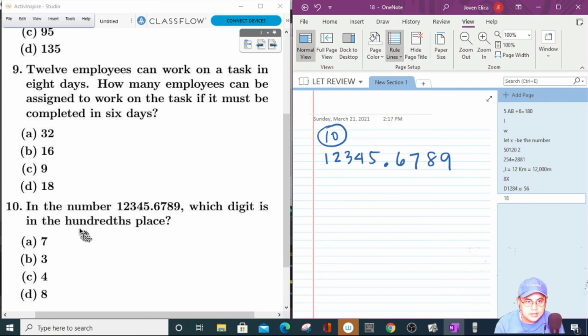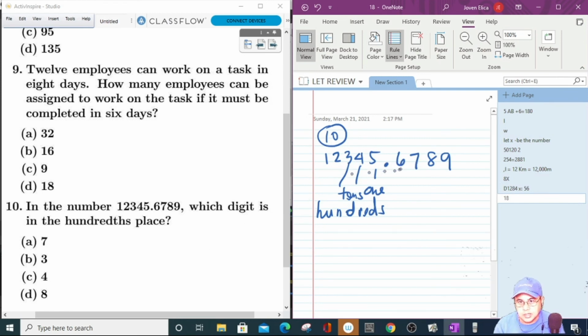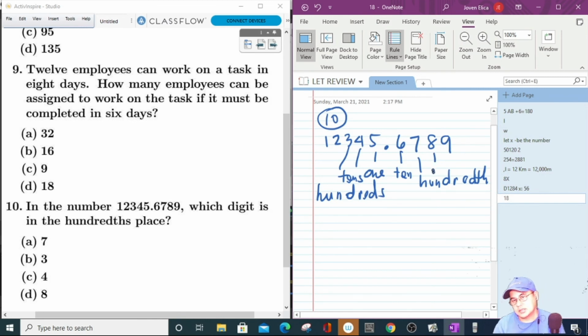The question is hundreds, hundreds with TH. From the decimal point, going to the left, this is ones, this is tens, this is hundreds, so it's not on the left side of... Going right, this is tens, hundreds with TH, and this is thousands with TH.